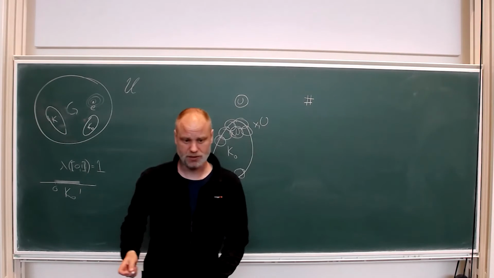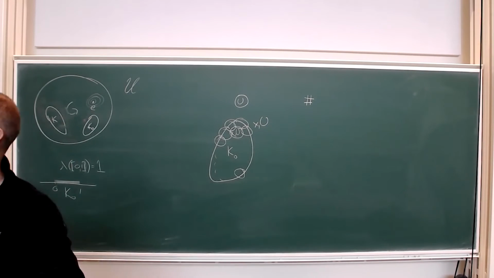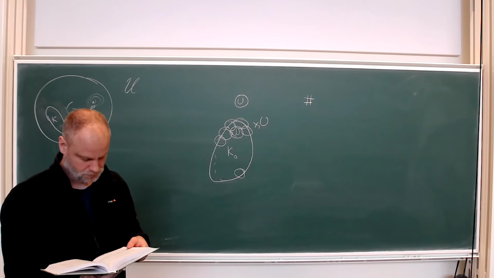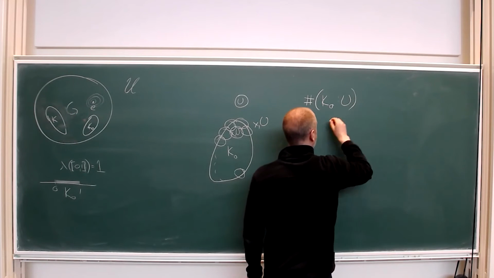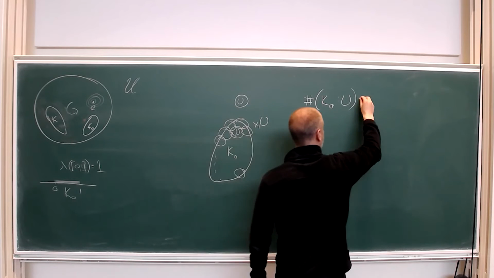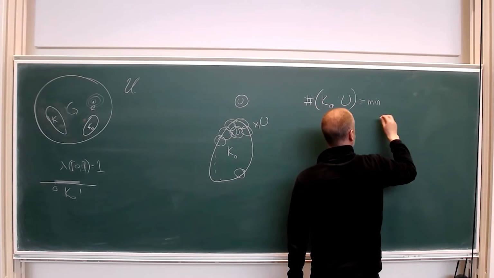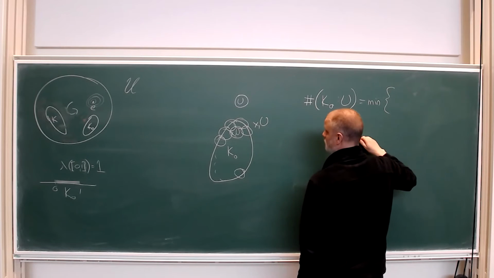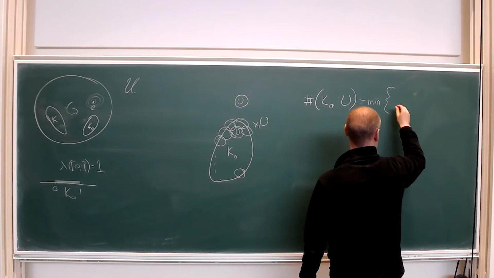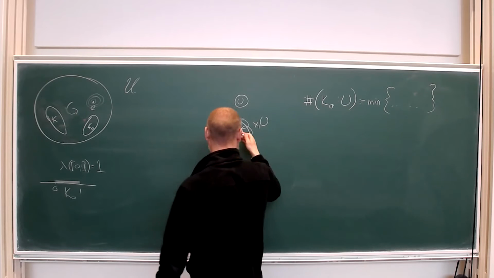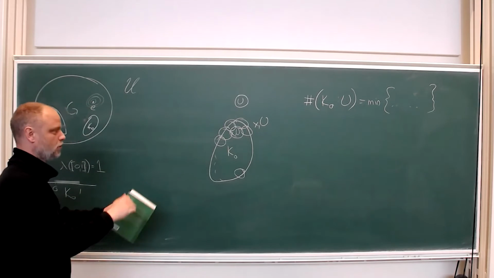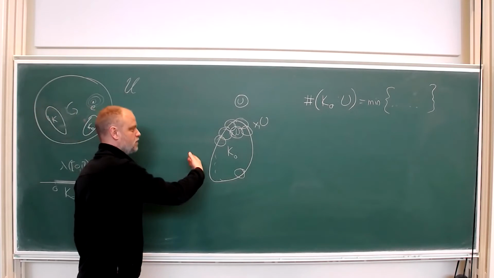Let me see what notation they use in the book. So (K0 : U) is equal to the minimum of what we have here. Amount of balls, sorry, the amount of translations of U that you need to cover this.